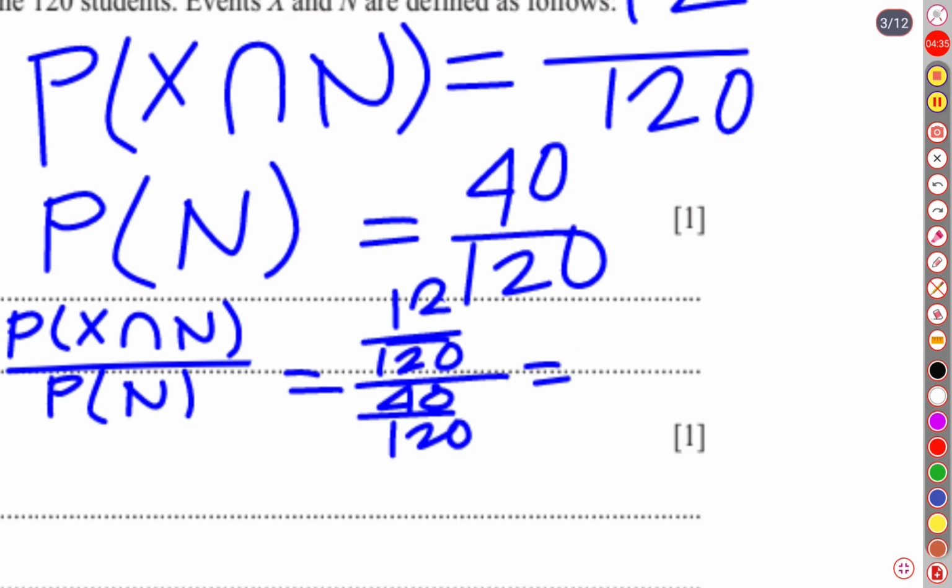Look, 120 and 120 are both denominators. If we divide, they will cancel each other. It is going to be 12 over 40.